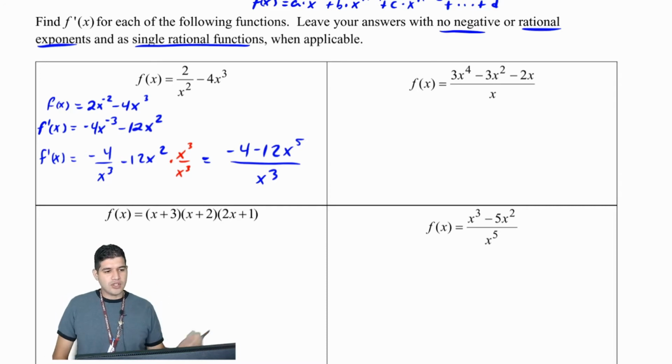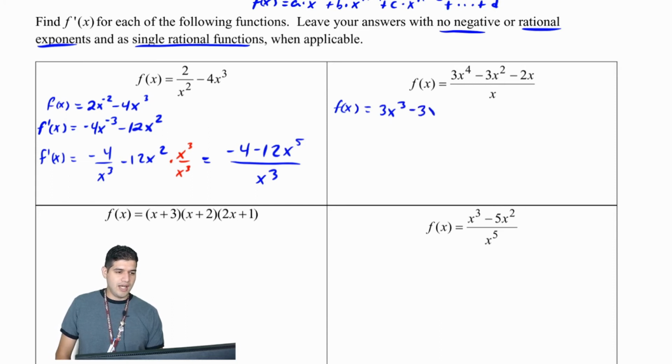Now let's look at our second problem. What I notice here is I can rewrite f of x, and all I do is divide each of those terms by x. So 3x to the 4th divided by x, I get 3x cubed. And 3x squared divided by x, I get minus 3x. And negative 2x over x, I get negative 2. Now let's apply the power rule.